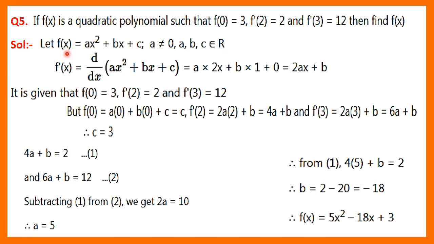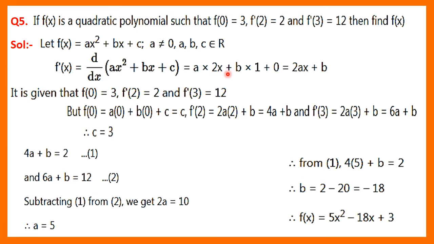Now we find the derivative, and derivative is represented also by f dash of x. If it is given as y is equal to f of x form, then we will write dy by dx as well as f dash of x. F dash of x is equal to d by dx of the first term separately, that is a into, a is a constant, so derivative of x square is 2 into x raised to 2 minus 1, that is 2x. 2 minus 1 is 1.